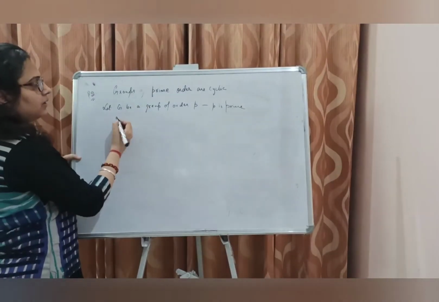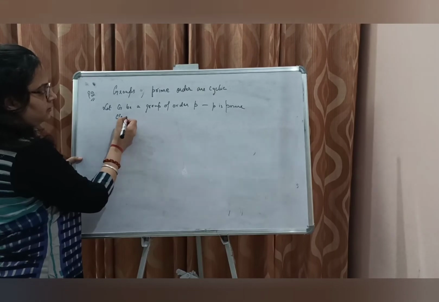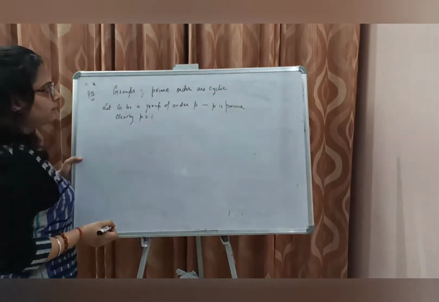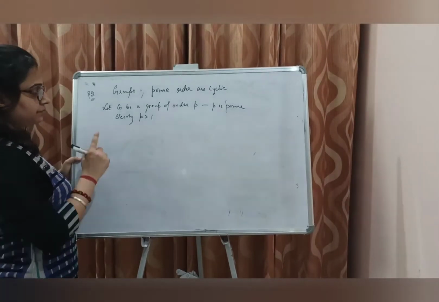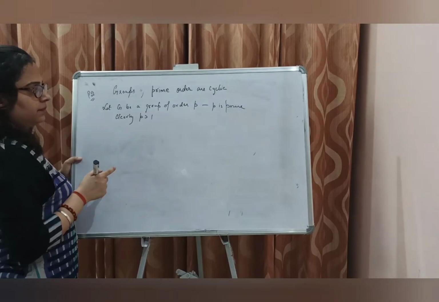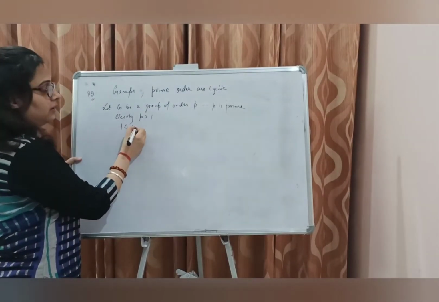So if we say that its order is prime, clearly P is greater than 1, P is not equal to 1. Since P is greater than 1, the order of G is greater than 1.